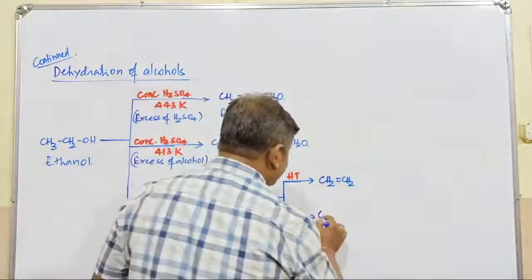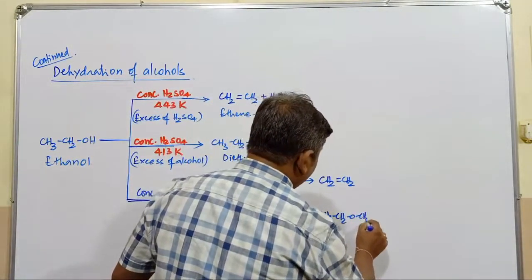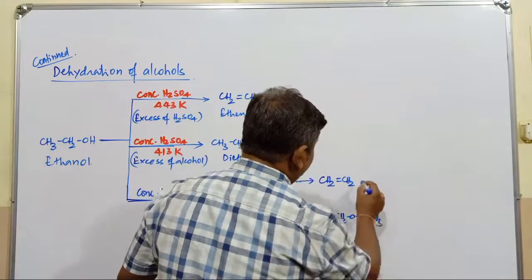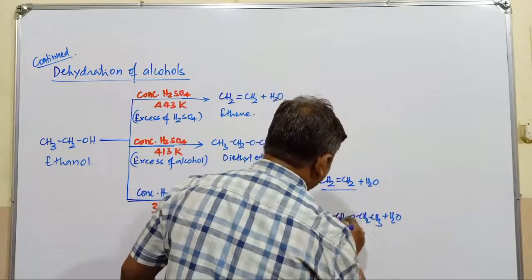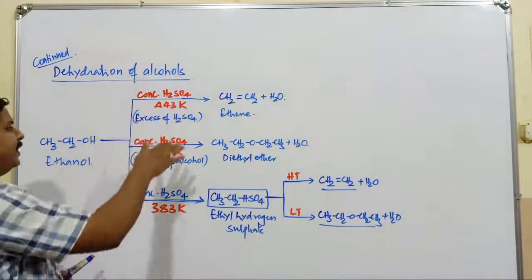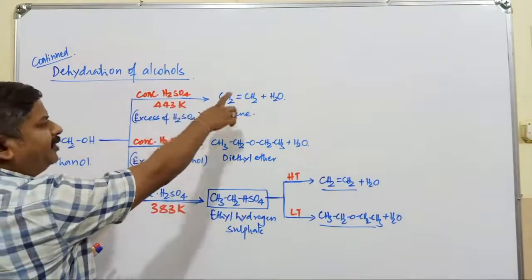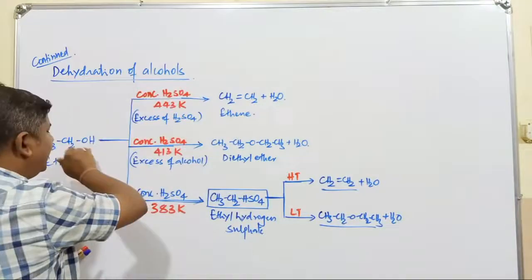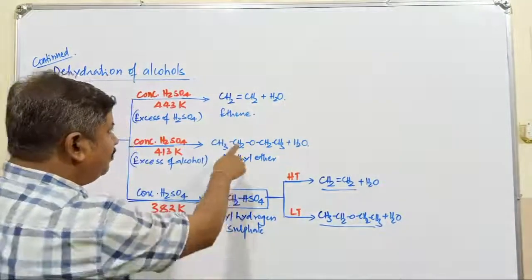At low temperature, the compound CH3CH2OCH2CH3 forms. Here also plus H2O, but the products are different. So based upon this set of reactions, remember one thing, students: at high temperature, formation of alkene takes place with any type of alcohol, and at low temperature, an ether compound forms.